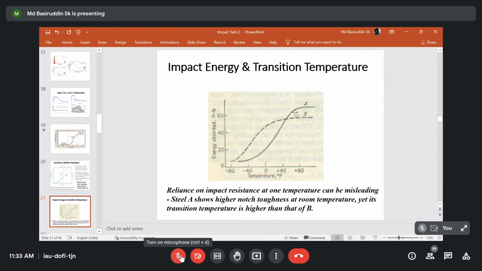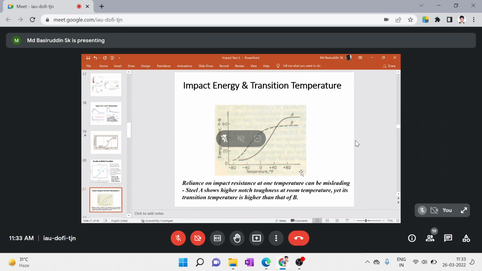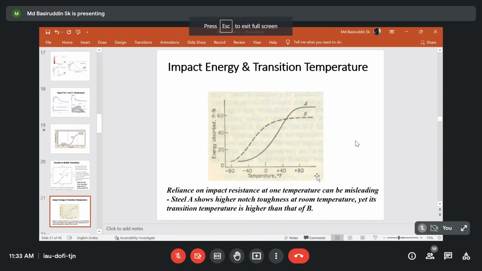If we look at this particular graph, you can find that for sample B the upper shelf energy is low, but if you calculate the DBTT by averaging the upper shelf and lower shelf energy, you will find the DBTT is very low compared to sample A. So that is why sometimes the procedure of measuring the DBTT is misleading to evaluate the material behavior, the material performance, or the load bearing capacity at different temperatures.